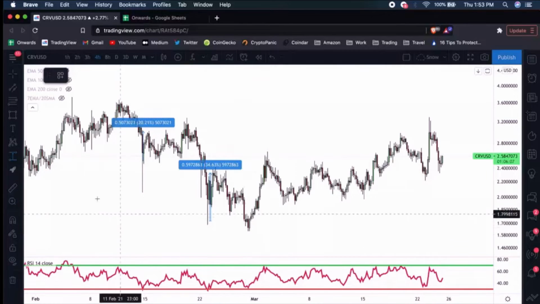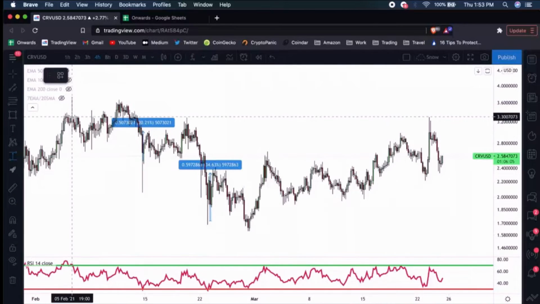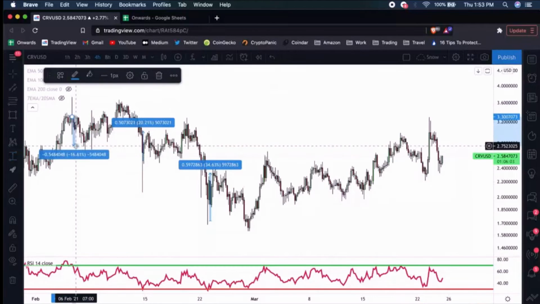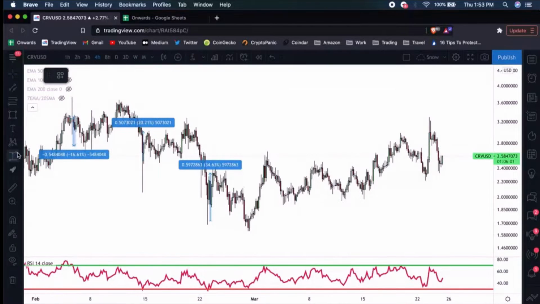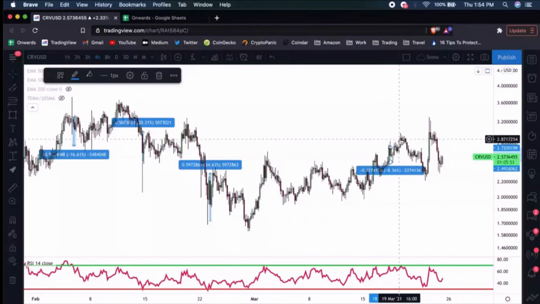We got overbought up here, a little 16%, but the point is you need to get out because it reverses every time. Let's say we got overbought here. We only went down about 6%, and if you didn't get out, we made higher highs. You can see that was right here.